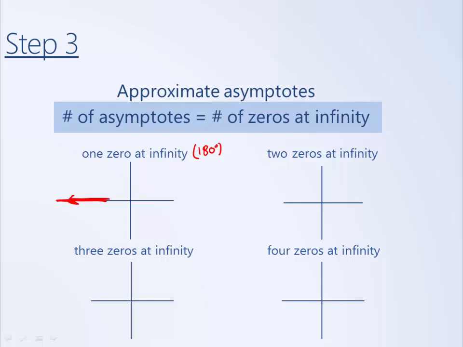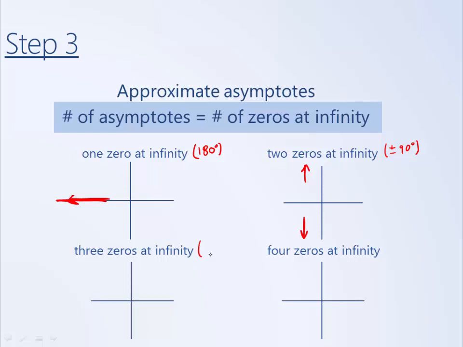When we have 2 zeros at infinity, we'll have 1 asymptote going to plus 90 degrees and 1 asymptote going to negative 90 degrees. So we'll have something like this. When we have 3 zeros at infinity, we're going to continue this pattern of symmetry.